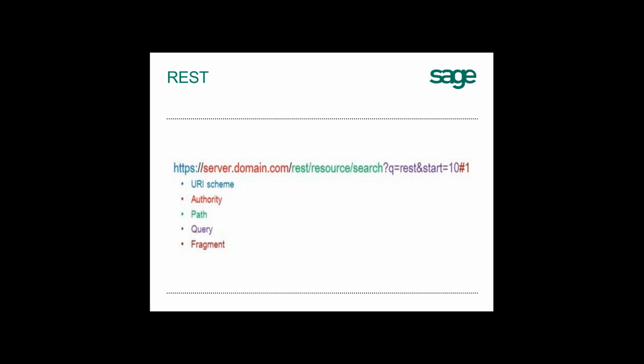The whole idea is that we say HTTPS as the URL scheme, then the authority, which is the domain that we're going to, and then there's a path. And the path typically will be to an endpoint which represents a noun. And that noun might be a company, it might be a quote, it might be something else.